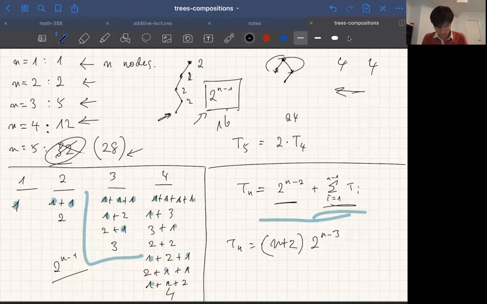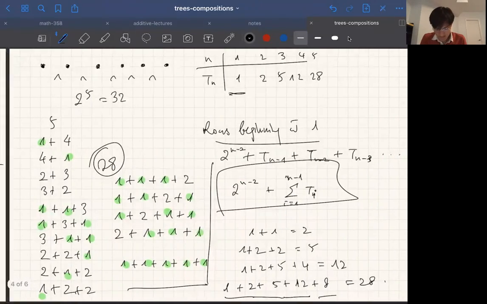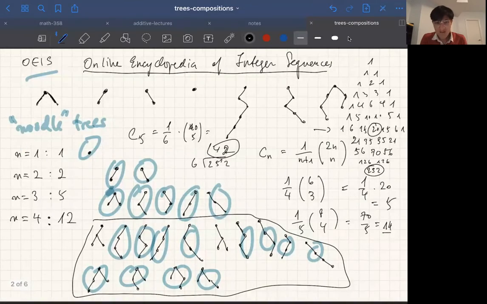So for 4, it's 6 times 2. Makes sense? And for 5, it'd be 28. Then I kind of got stuck. I wanted to figure out, or prove, why this count applies to the trees that we were counting before. I got stuck, and that's where we'll pick up right now.